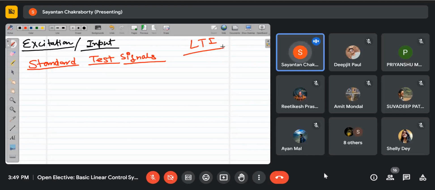So let us see what are the different types of excitations or input conditions that severely strain a physical system. A sudden shock. A sudden change.